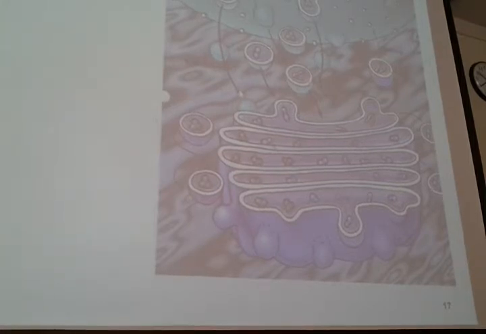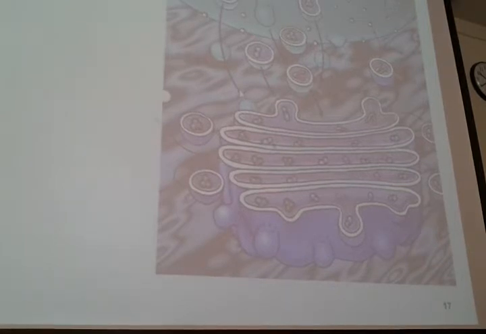K is lysine, D is aspartic acid, E is glutamic acid, and L is leucine. If you have that 4 amino acid sequence right in a row, that's the KDEL sequence.